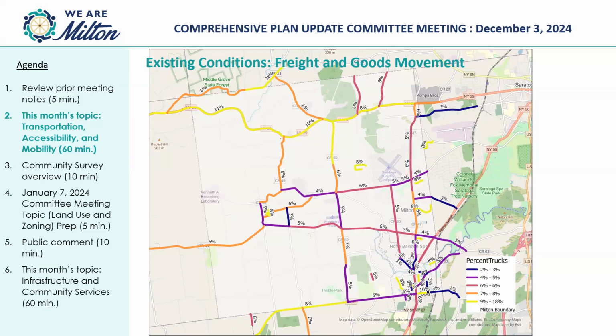Some of the criteria, and I just pulled this from the freight plan: over 1,000 trucks per day and over 15% truck traffic. And the facility must also have greater than 3,000 total vehicle trips per day. So it's a pretty low bar. And then it also must provide a connection, and this is a minor freight route.